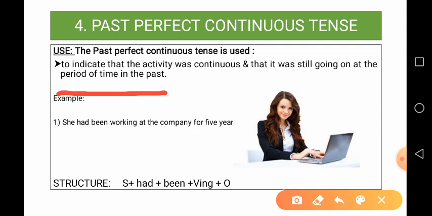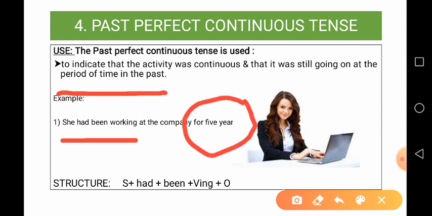See here example. She had been working at the company for 5 years. In the present tense lesson, we learn the uses of since and for.